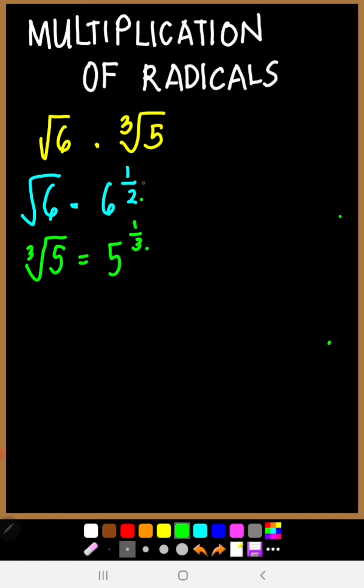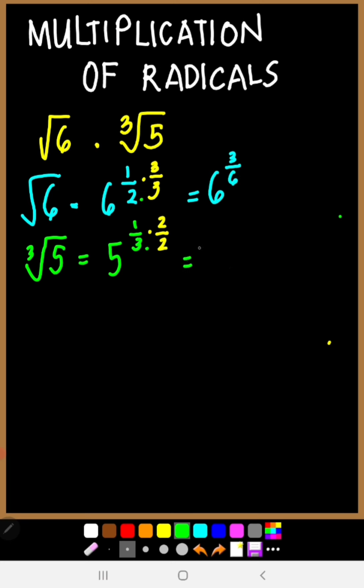So, itong 2, multiply mo siya sa 3. Tama? Siyempre, multiply mo sa 3 over 3. Tapos, yung 1/3, multiply mo naman siya sa 2 over 2. Okay? So, ito ay magiging 6 raised to 3 over 6.